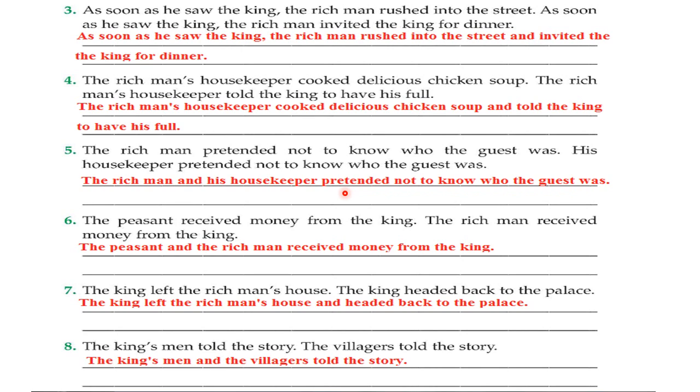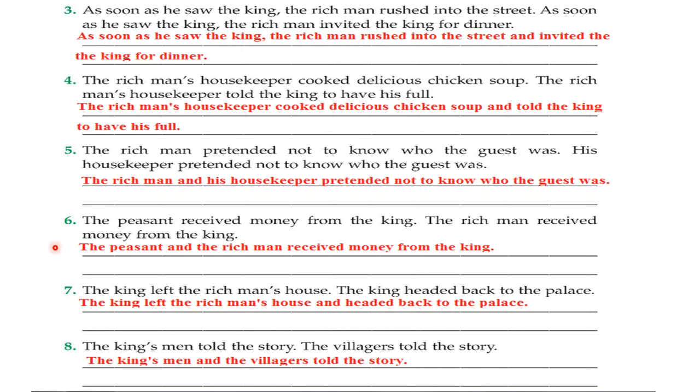Here, his refers to the rich man. So we have the same verb and the same predicate but different subjects, a compound subject sharing the same predicate. So, the rich man and his housekeeper pretended not to know who the guest was.